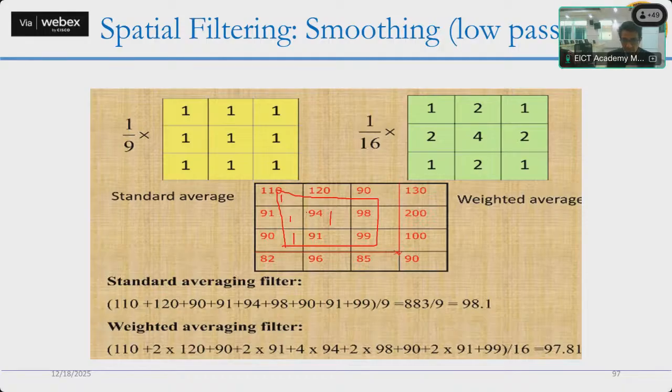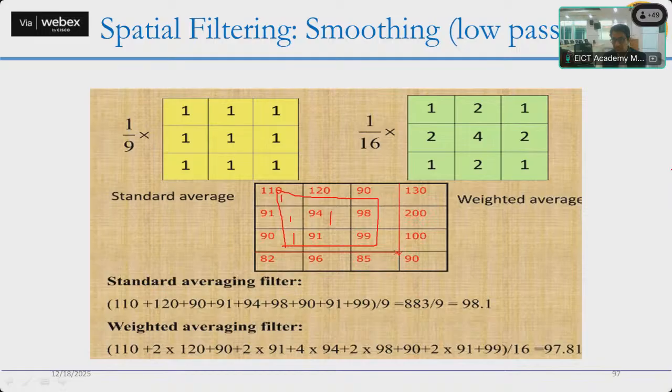So when we multiply this, we get 110 into 1 plus 120 into 1 plus 90 into 1 plus 94 into 1 plus 98 into 1 plus 90 into 1 plus 91 into 1 plus 99. And then finally we are dividing it by 9.